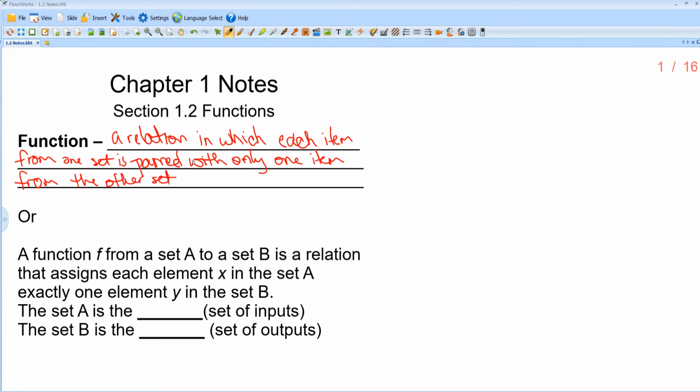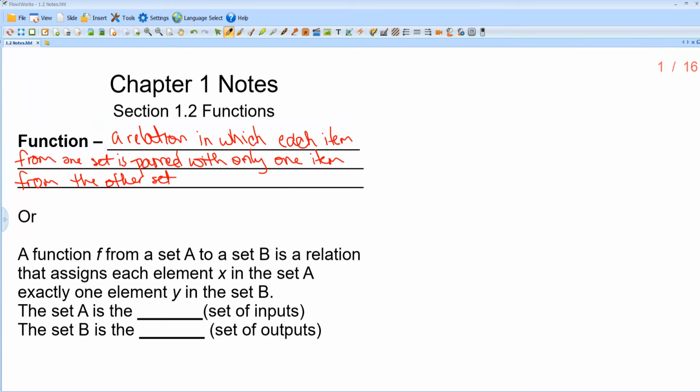So we didn't really start by talking about relations, but relations are really just any time that there's a relationship between two sets. A function takes it a couple steps further because what it says now is that it's a relation in which each item from one set is paired with only one item from the other set.